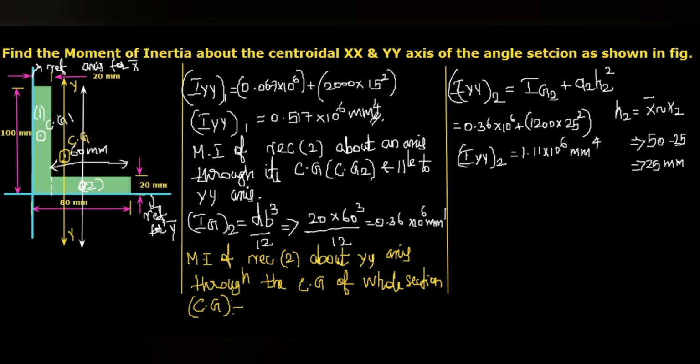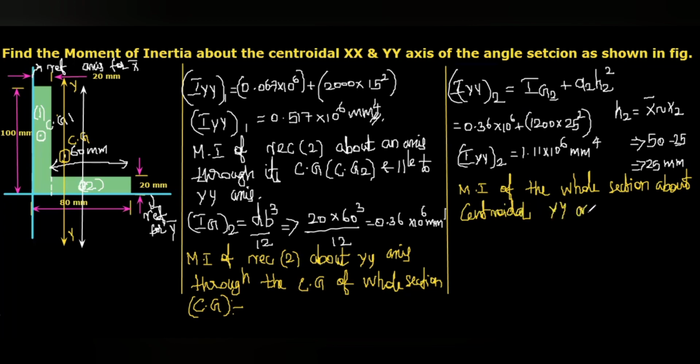So now finally, the moment of inertia of the whole section about the centroidal YY axis, we can say IYY equals IYY1 plus IYY2.